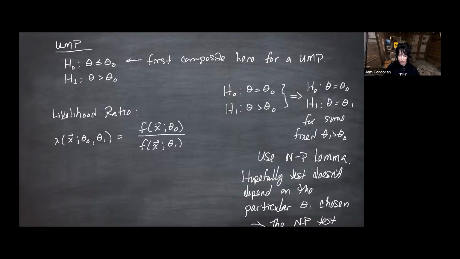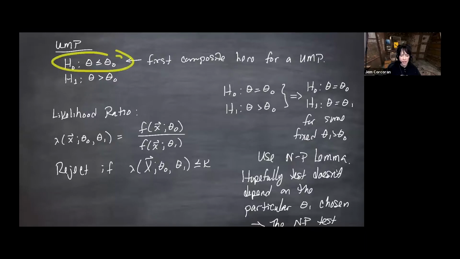And this is what you're going to show on the homework. If we reject if this lambda is less than or equal to k, I'm trying to say very clumsily that if you're given a composite null hypothesis like this, in some cases you can just treat this as equality.